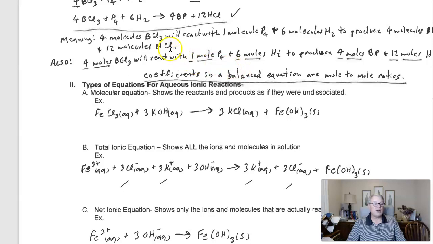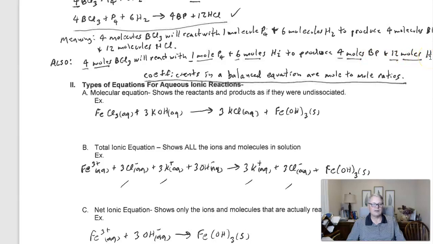So, this equation actually means 2 things. Number 1, it tells me molecule to molecule ratios. But here's what else this equation tells me as well. 4 moles of BCl3 will react with 1 mole of P4 and 6 moles of H2 to produce 4 moles of BP and 12 moles of HCl.